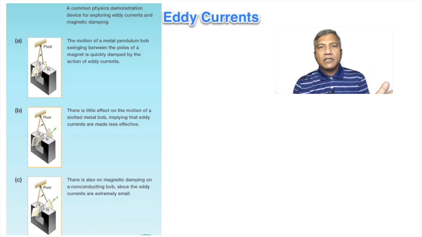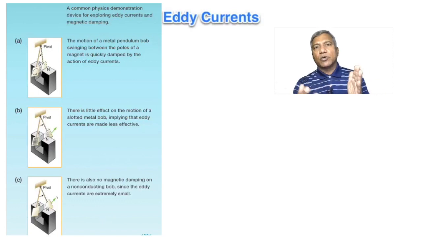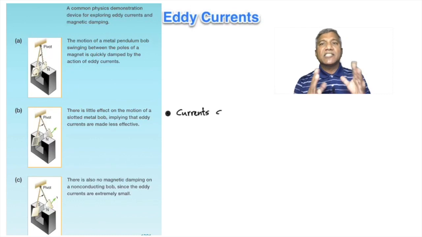Now if you take an insulator, like a thin piece of wood, and make a pendulum, when it swings, you see that there is no damping because wood is an insulator and no currents can flow through it. So this is the idea of eddy currents, and it's also used for damping in instruments.